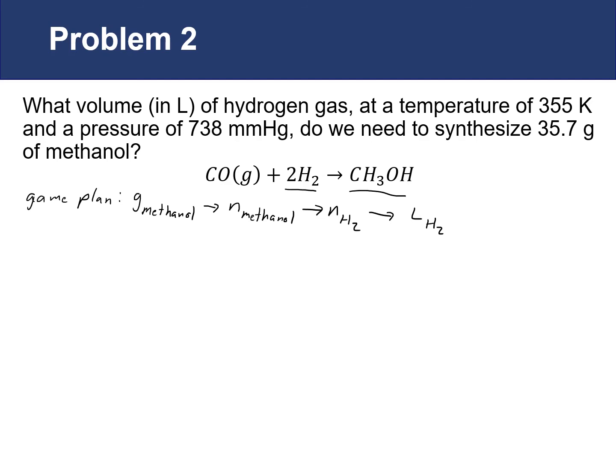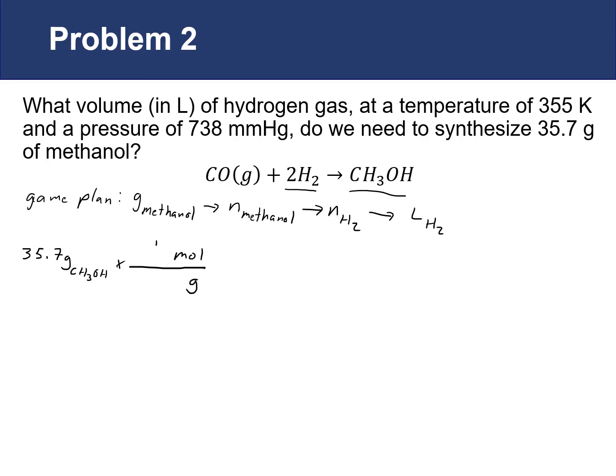So we're starting out with 35.7 grams of methanol. So that's CH3OH. Multiply this, we want to get rid of grams, so we're going to put grams on bottom.